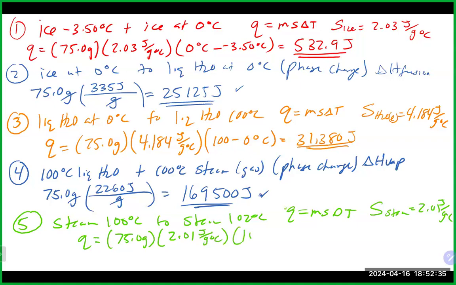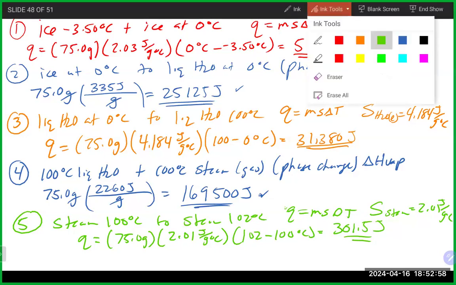Final temperature 102, initial temperature 100 degrees Celsius. And that's going to get us here 75 times 2.01 times 2, basically. About 301.5 joules. Questions on that so far?